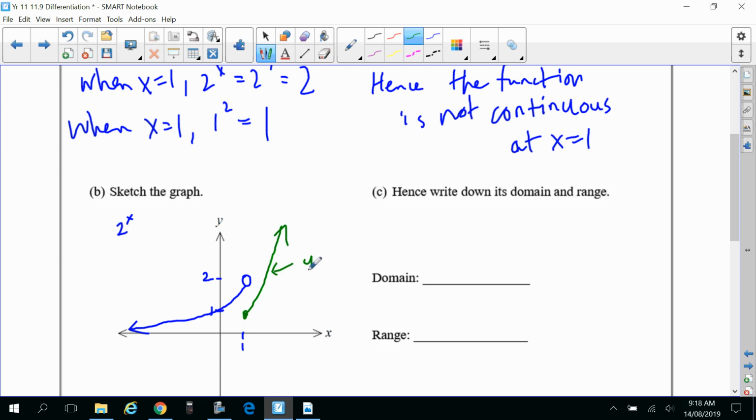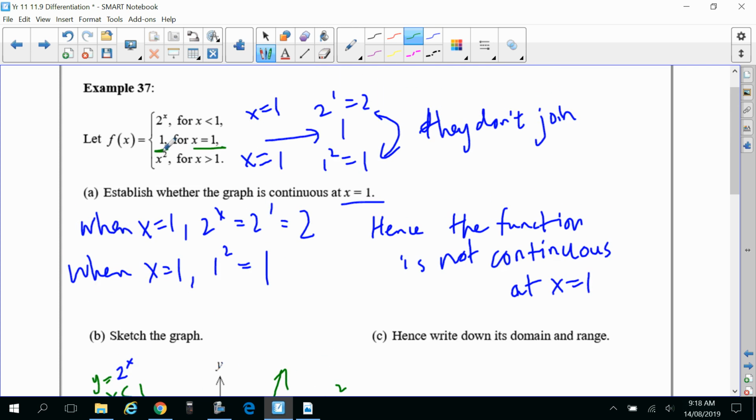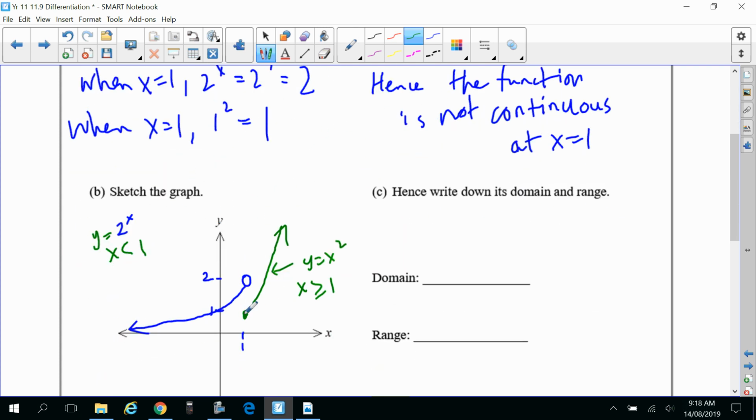So that's like a parabola, but only valid when x is more than 1, without the equal. The exponential is valid when x is less than 1. And how about the middle bit? x equal to 1 gives y equal to 1. Well, it's just a point. So be very careful, there are subtle details.